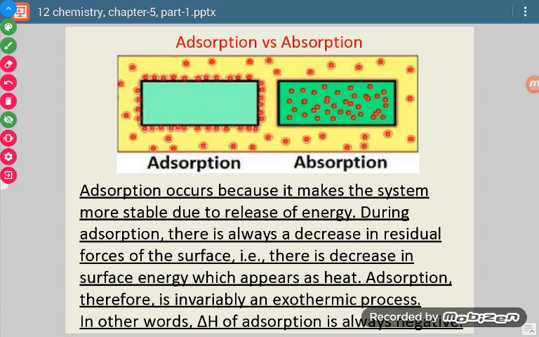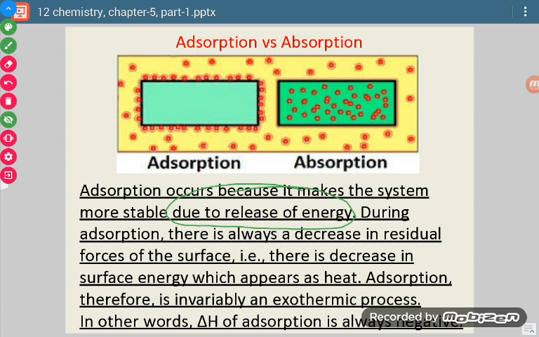Now one more thing comes here, that is related to heat. Adsorption occurs because it makes the system more stable due to release of heat. So whenever adsorption occurs, it results in release of energy, and if energy is released, it means the energy of the system decreases, and we know minimum energy means maximum stability.